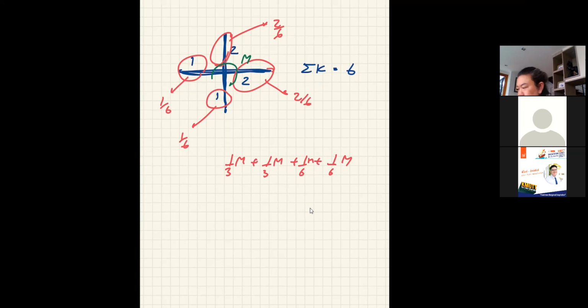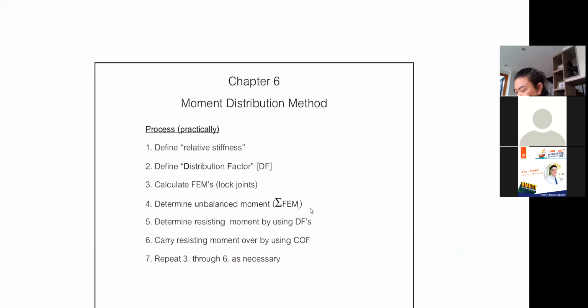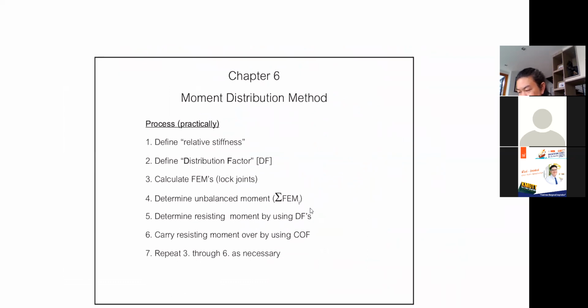So now we have the summation of the procedure or the process. Practically, this is actually what we do. The one before that is like a theoretical approach. So the first step is, again, we have to define the relative stiffness.